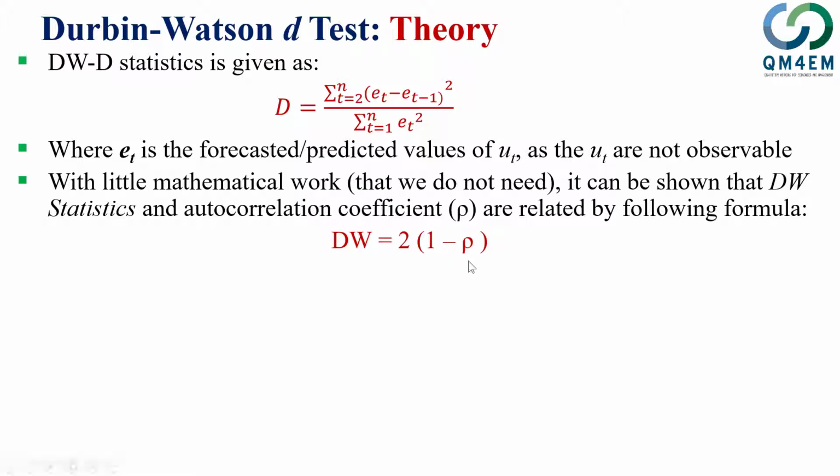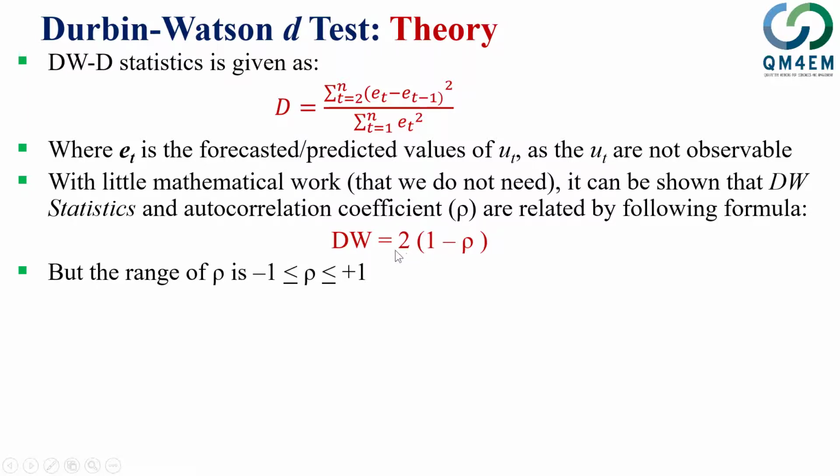So if we plug in these values one by one in this equation, we get the range for the Durbin-Watson D statistic. For example, if the value is -1 for rho, so if I plug in -1 in this equation, 1 minus (-1), so minus becomes plus, and Durbin-Watson becomes 2 into 2, and that will give me a value of 4.